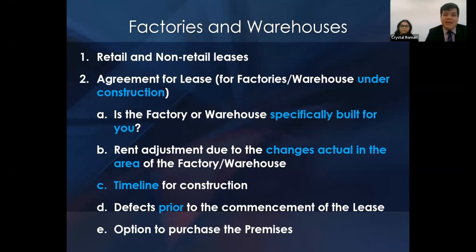Thanks, Shubha. Now we'll walk through the tips and traps for factories and warehouses. And the first and probably the most important trap is to consider whether the premises is a retail or non-retail lease. By way of recap from our previous property law webinar, a commercial lease can be a retail or non-retail lease.